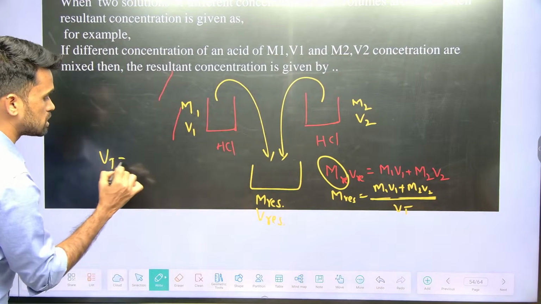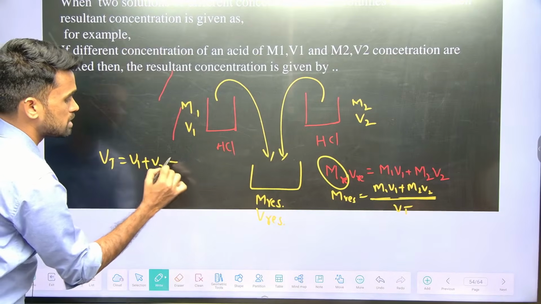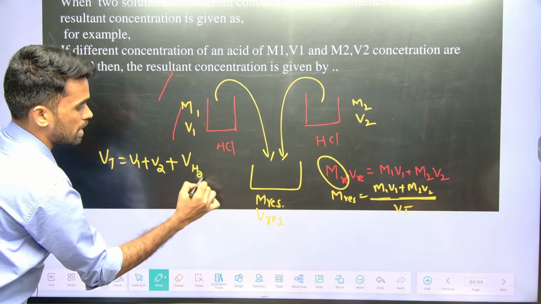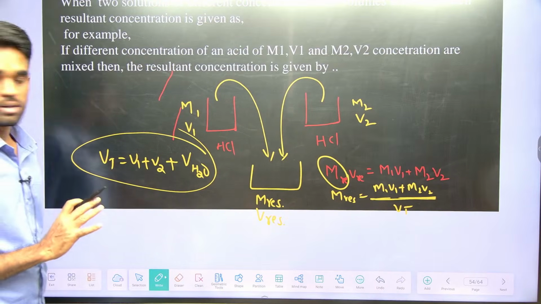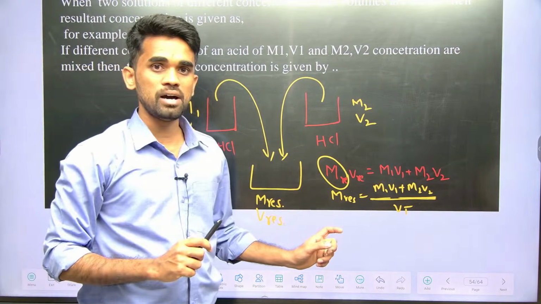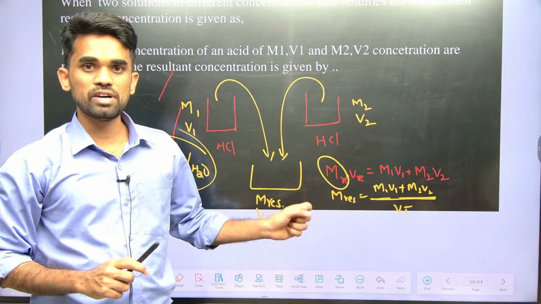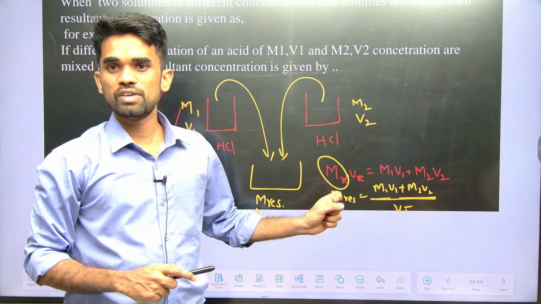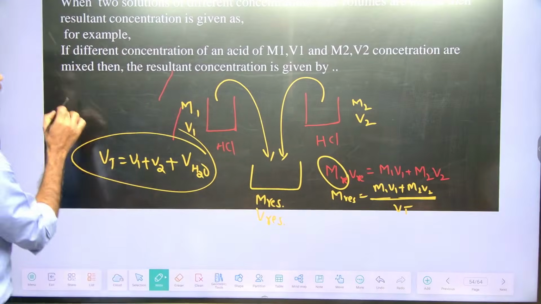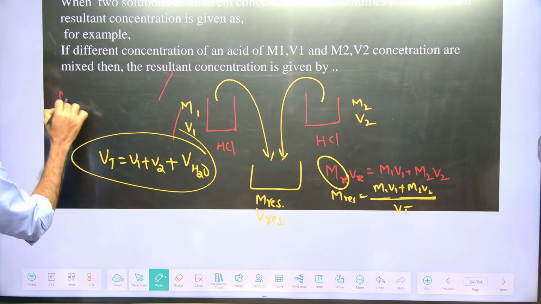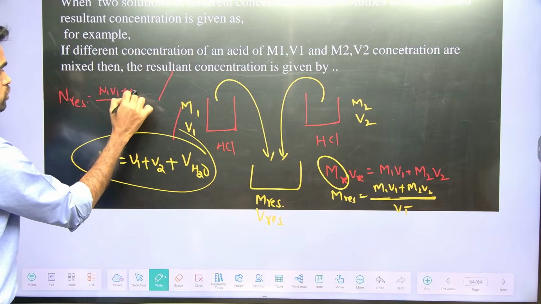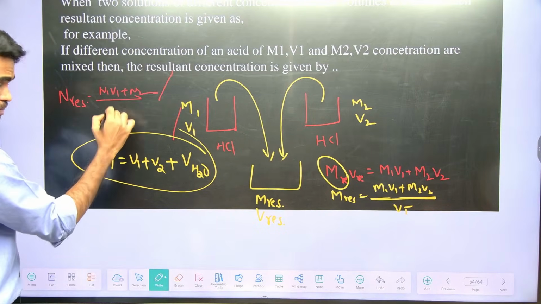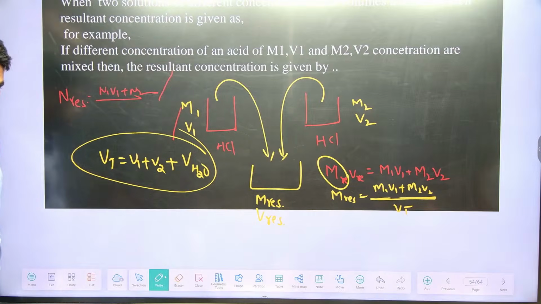V total equals V1 plus V2 plus whatever the volume of water we are adding. Okay, is this clear? So the M resultant formula is M1 V1 plus M2 V2 by V1 plus V2. Similarly, if they ask in terms of normalities, N resultant will be equals to N1 V1 plus N2 V2 by V1 plus V2 plus so on, whatever the quantities they are adding.